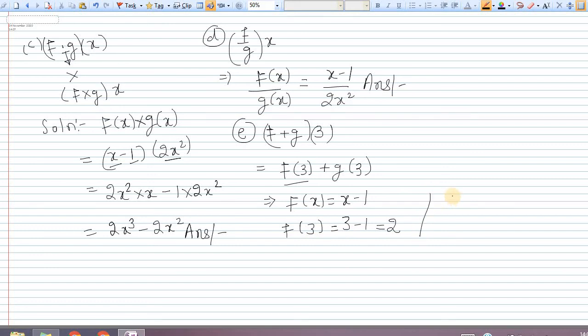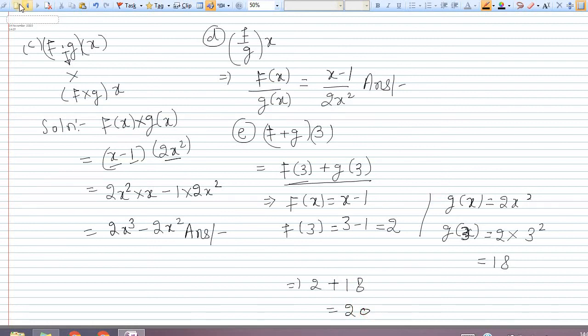And if g(x) is equal to 2x square, then g(3) is equal to 2 into 3 square, which is 18. So f(3) is 2 plus g(3) is 18, so it would be 20.